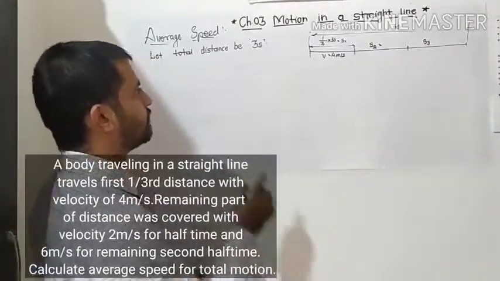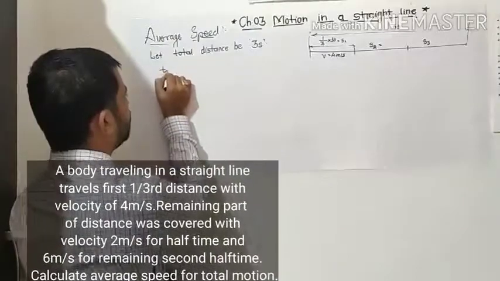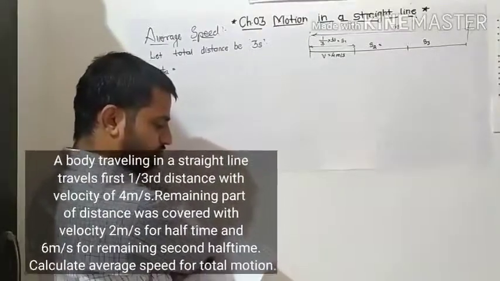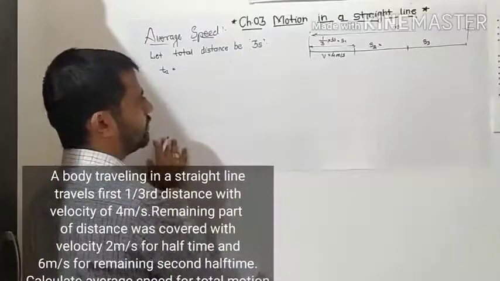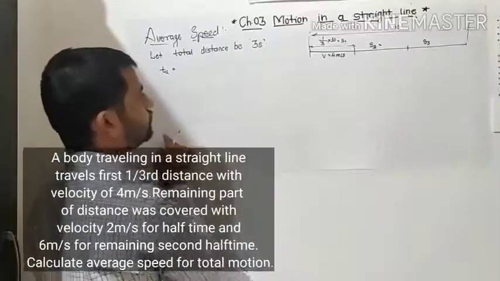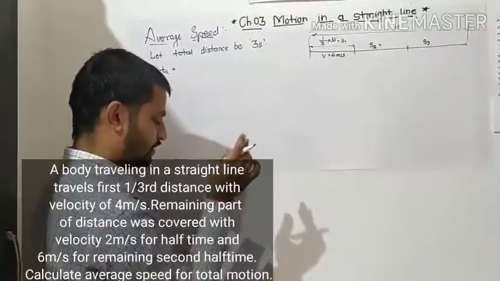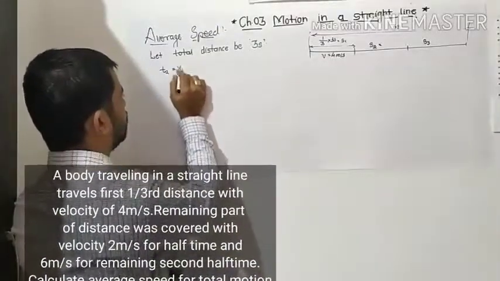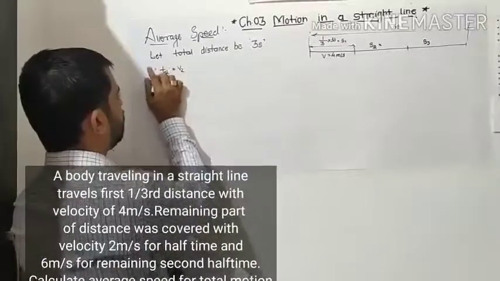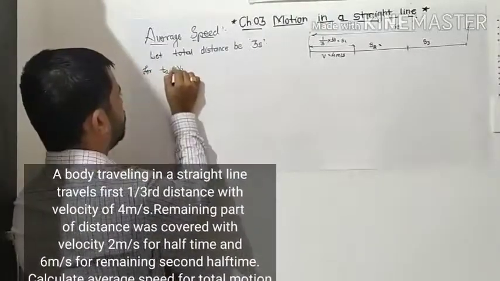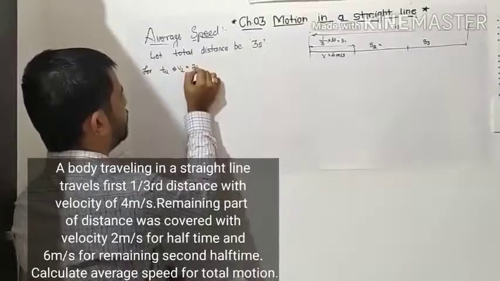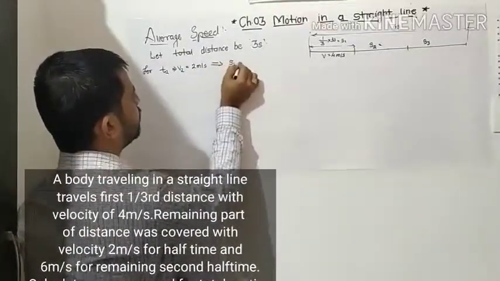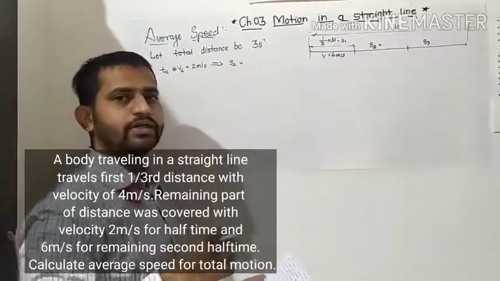We have the time T2 and the velocity equal to 2 meter per second. For T2, V2 is equal to 2 meter per second. So respective S2 will be equal to, how to calculate the distance?